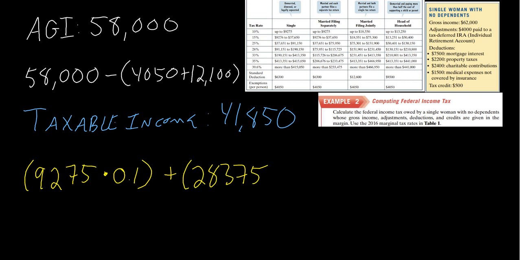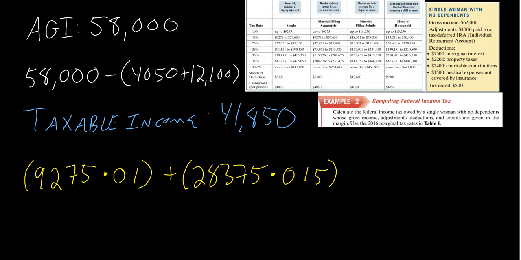28,375, and this is taxed at 15%, 0.15. And then lastly, the little bit of income above 37,000. I'm making, she's making 41,850. That $4,000 and some change is being taxed at 25%. So the entire thing's not taxed at 25%.